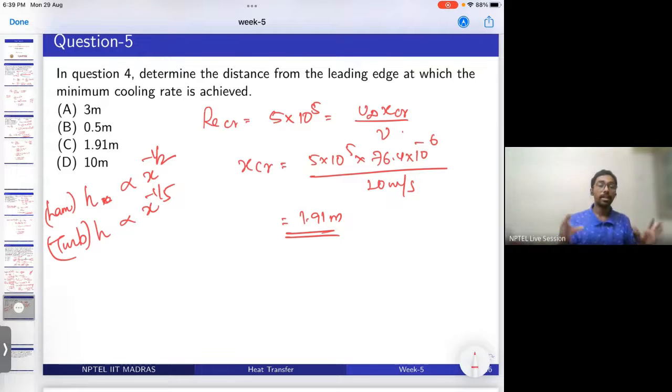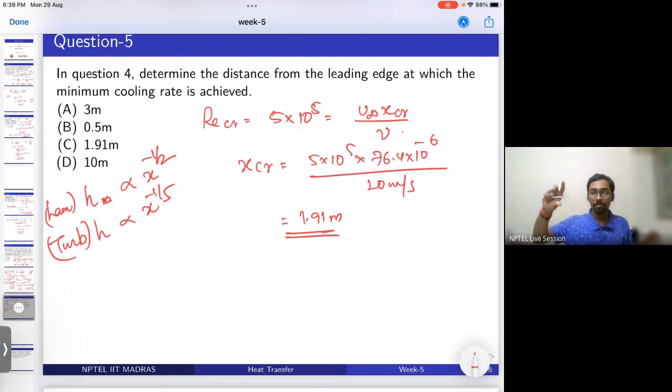Both heat transfer and momentum transfer will be enhanced. We know that when the boundary layer grows, the heat transfer coefficient reduces along the distance x, because the thermal boundary layer acts as a resistance to heat transfer.